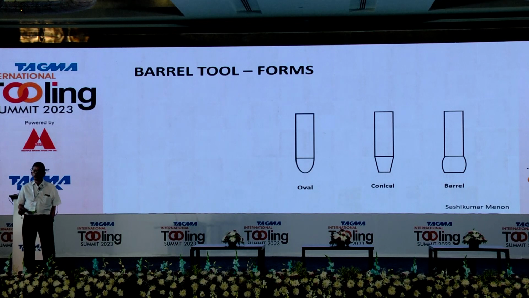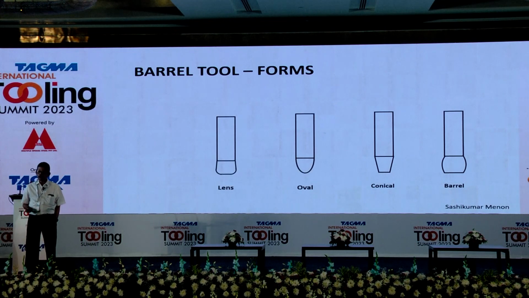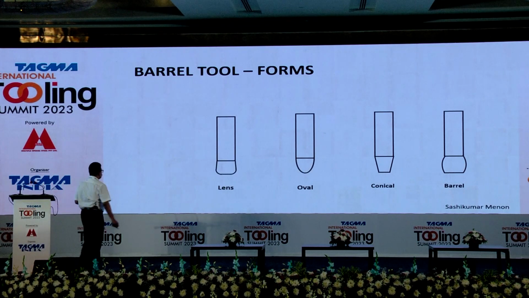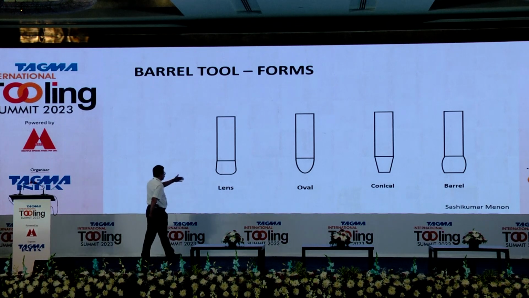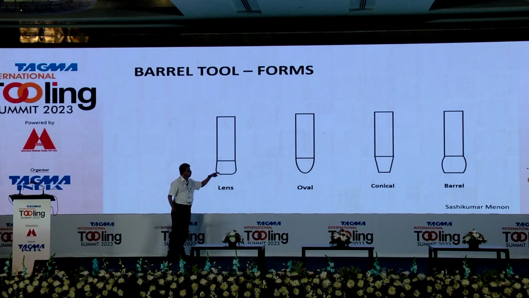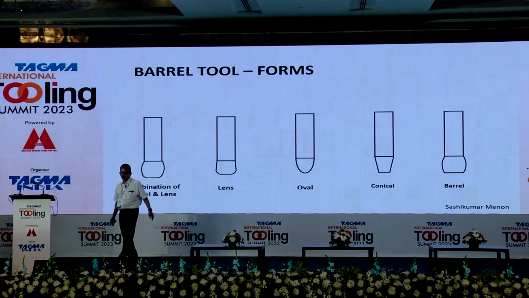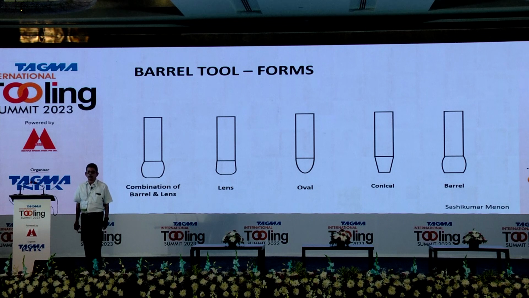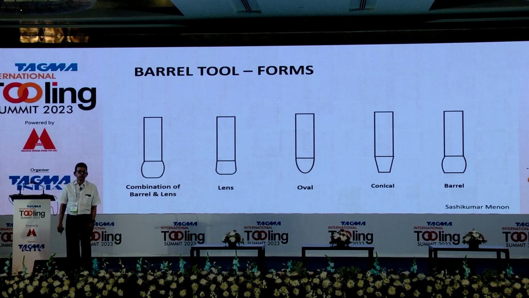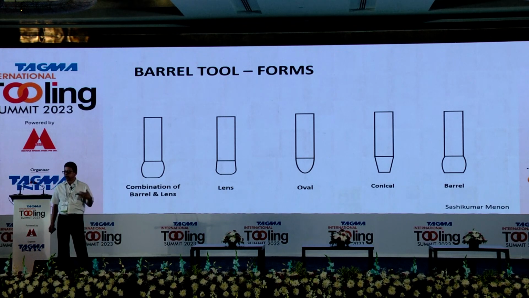You have oval. You have a lens, called a lens because you can finish the bottom surface also with this. Then you have a combination of barrel and lens. So the technology in barrel milling cutters has become much better.